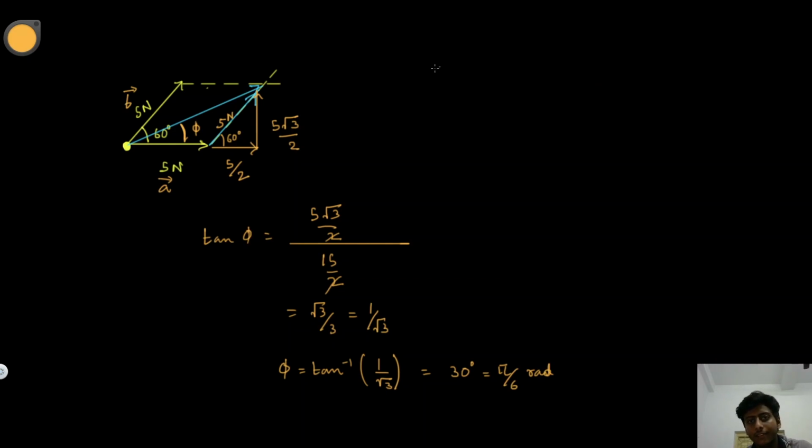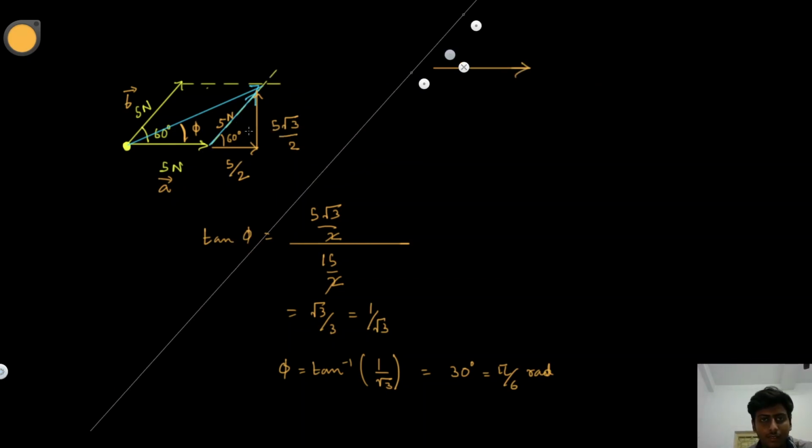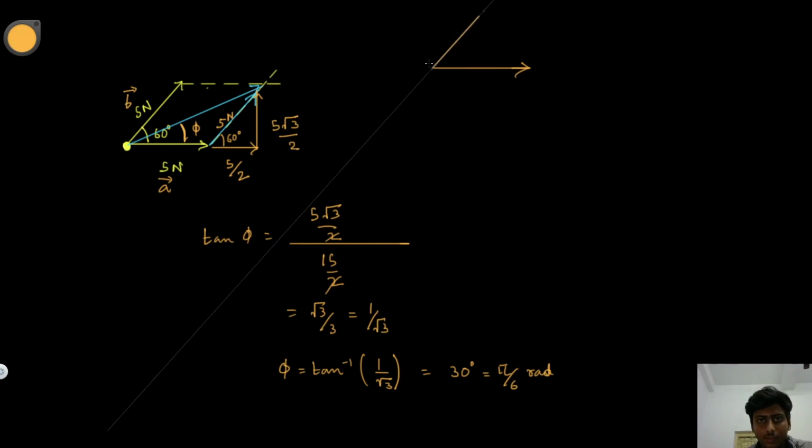So if a vector is this one and b vector is this one, right, this one. So if this is b vector, this is a vector, minus b vector would be in this direction, of the same magnitude as this one.